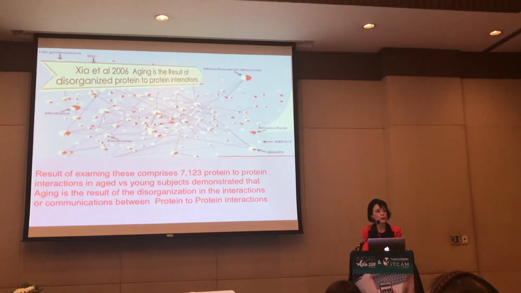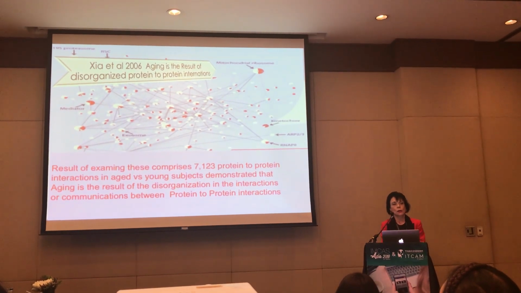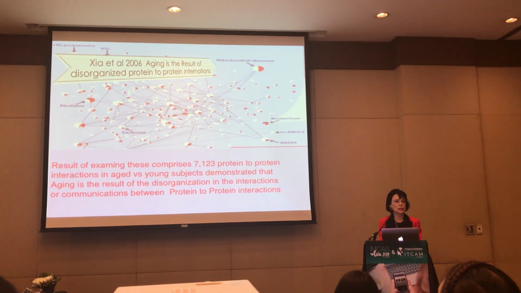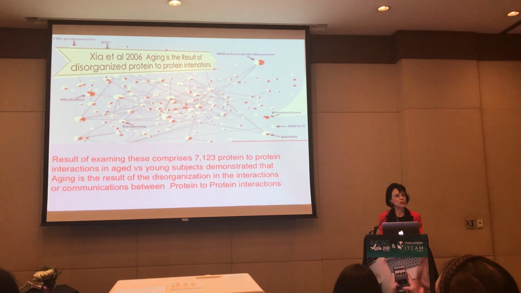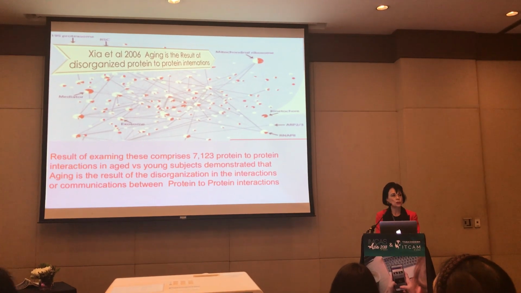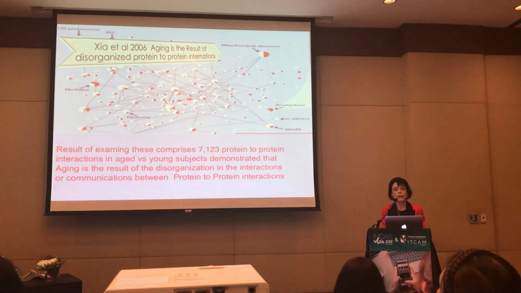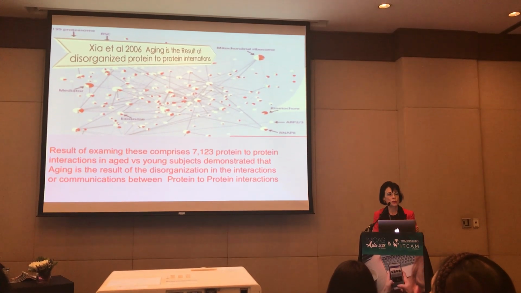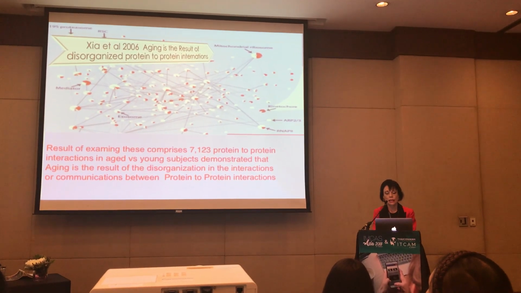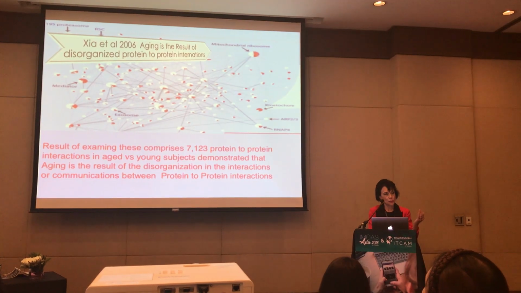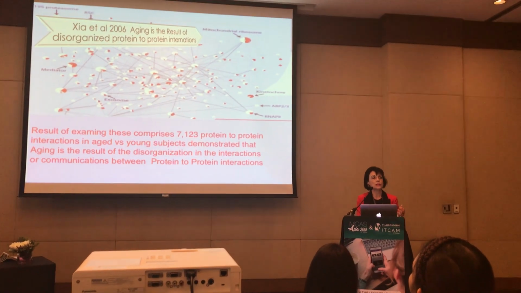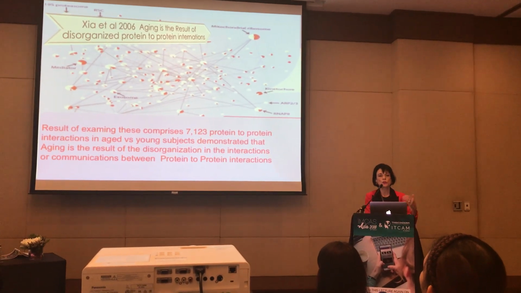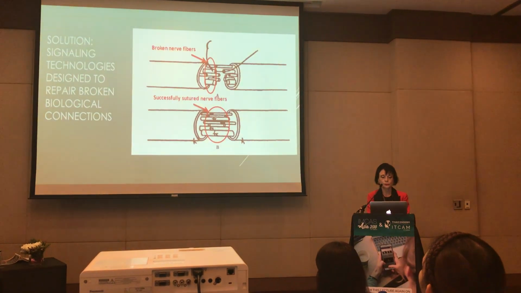Now, Xia et al. in 2006 made a very laborious study, and they studied about 7,103 protein-to-protein communications and found that disruption in the communications between proteins in the aged subjects was the biggest difference between the young and the aged.